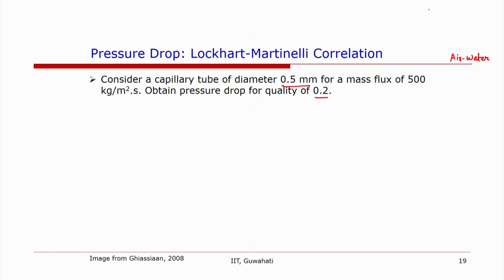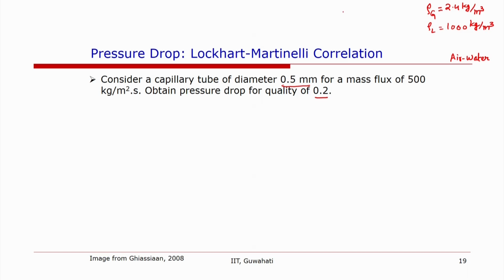We can take the density of gas as about 2.4 kg per meter cube. The density of water, let us take as 1000 kg per meter cube.